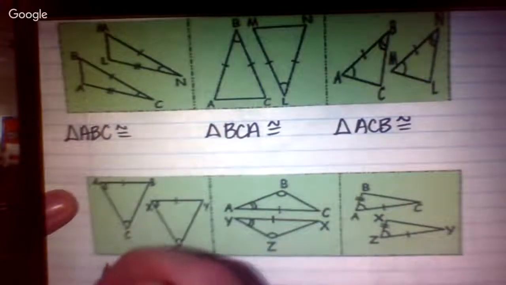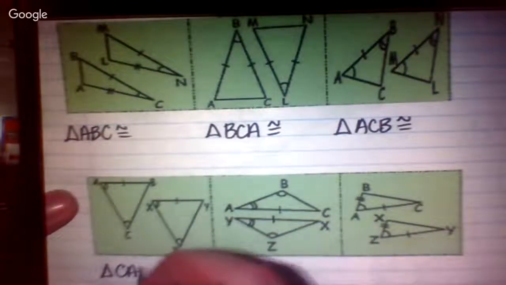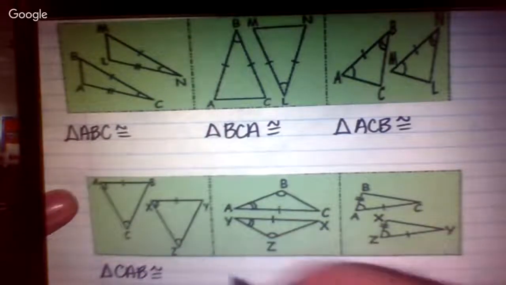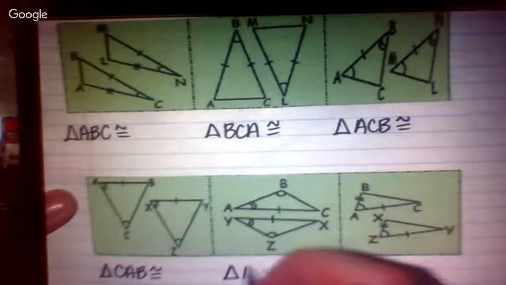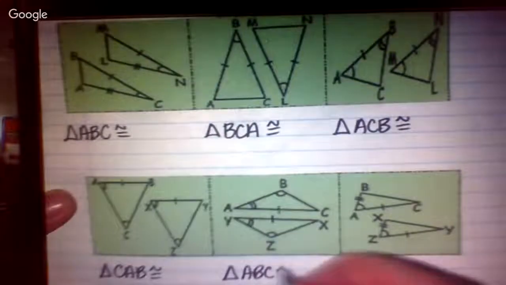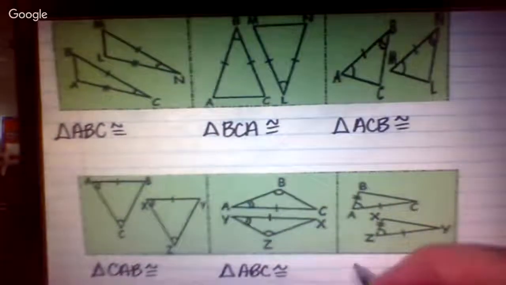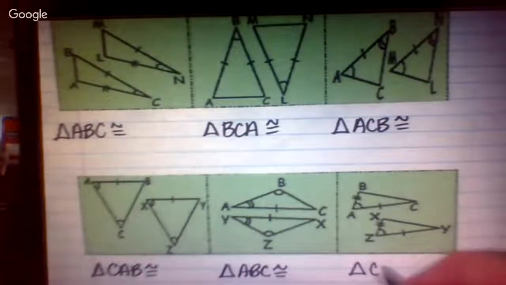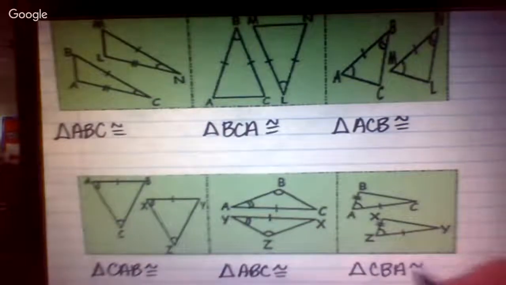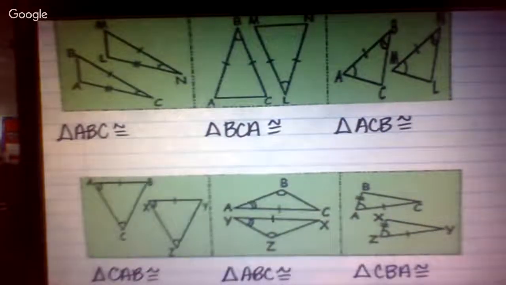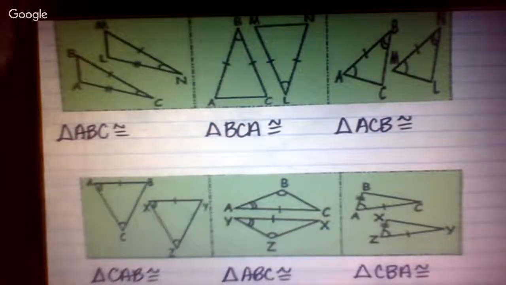Down here, we can do triangle CAB, triangle ABC again, and triangle CBA. Okay, I've given you all of your starting spots. Go ahead and label your second triangle. Pay attention to the symbols. They are put there for a purpose.